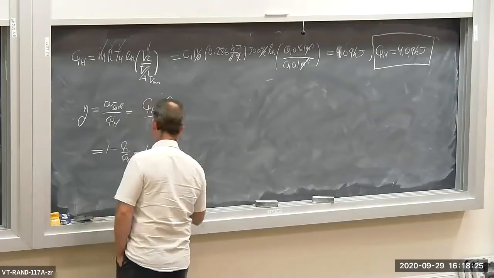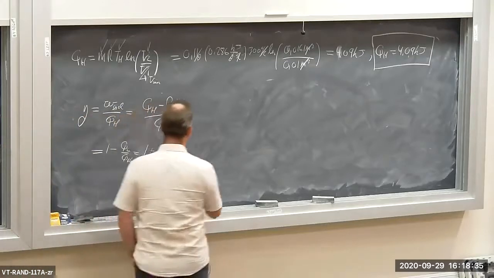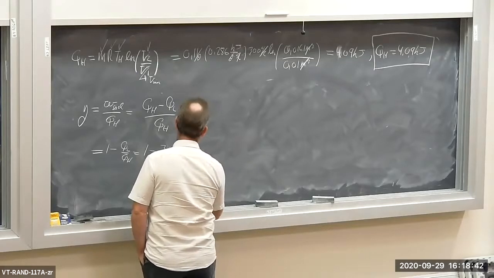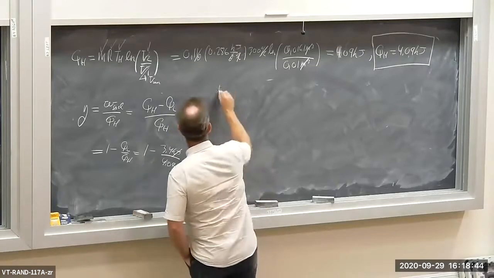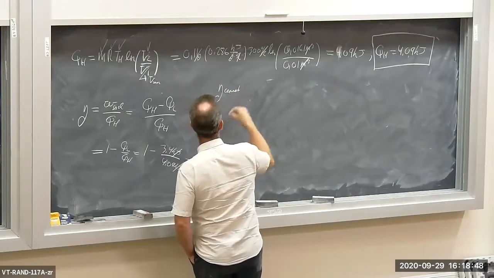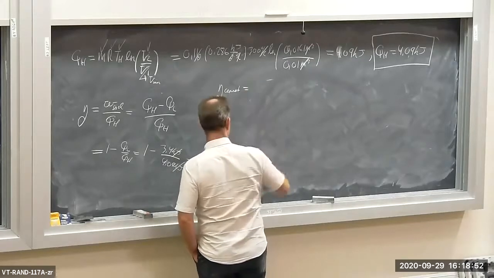Kilojoules cancel out. Efficiency better be dimensionless. And I get an efficiency of 0.168, or if you like, 16.8%. So the efficiency of my Carnot heat engine is 16.8%.